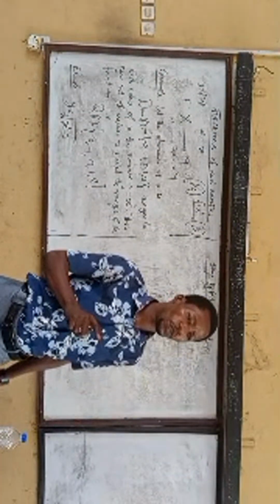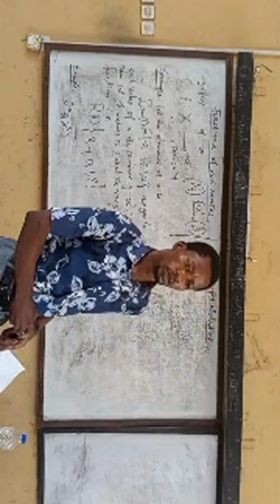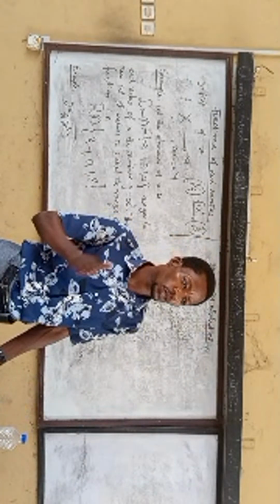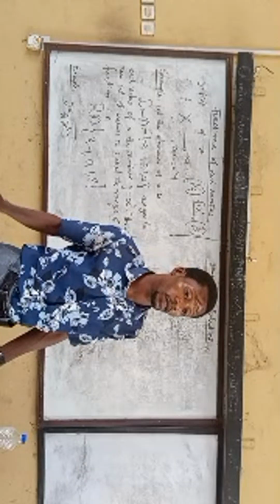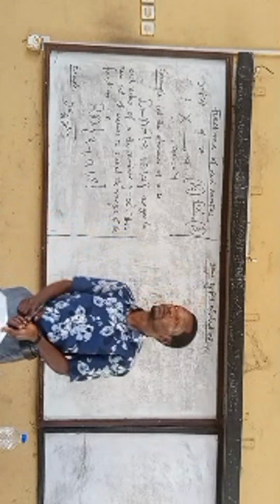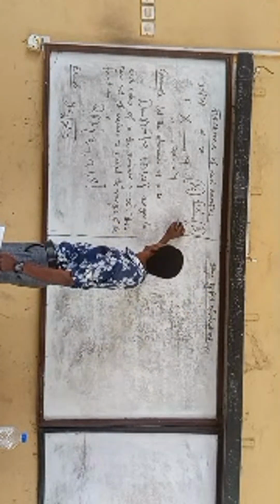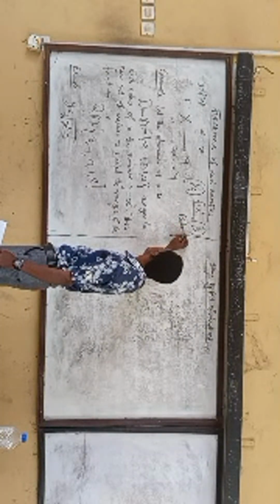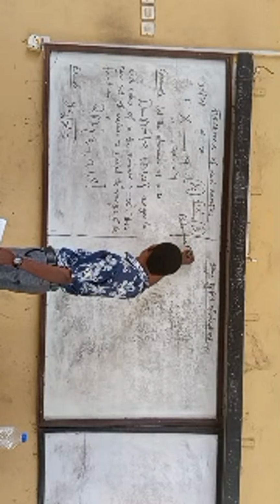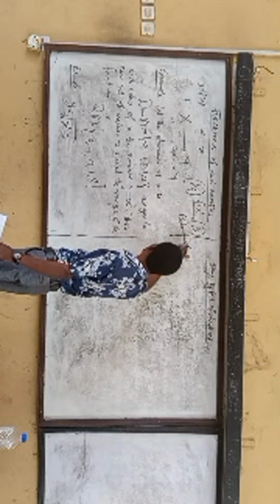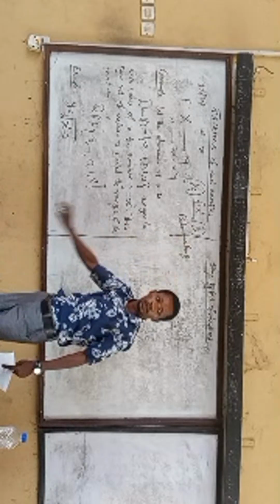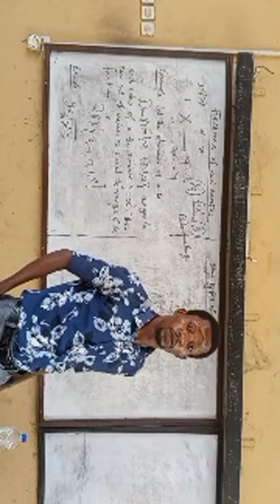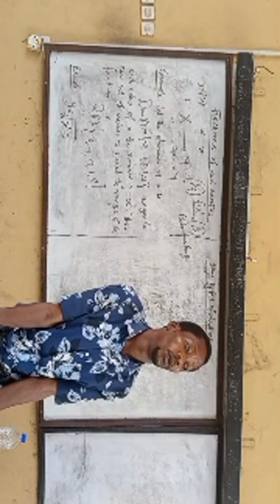Let me ask a question. Is the domain of the function always equal to the range? I mean, codomain rather. So when do we say the codomain equals the range?